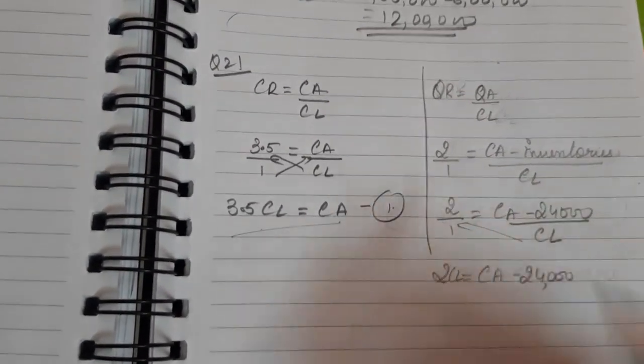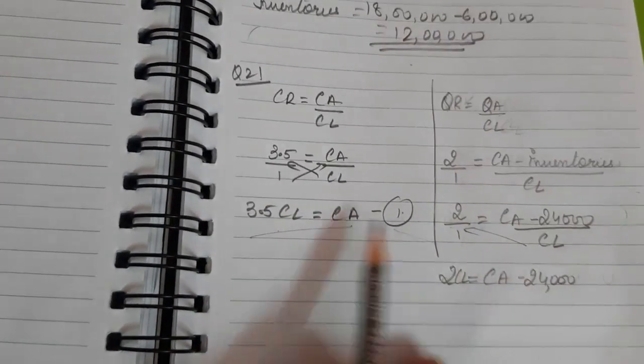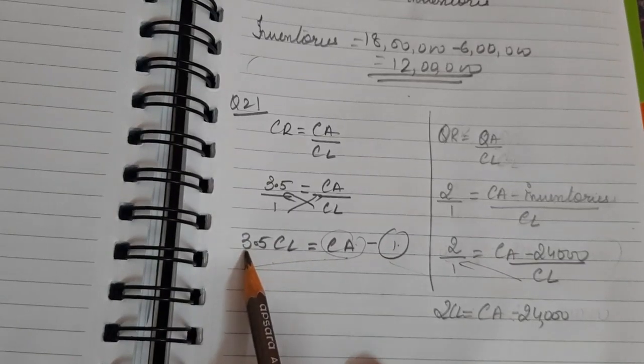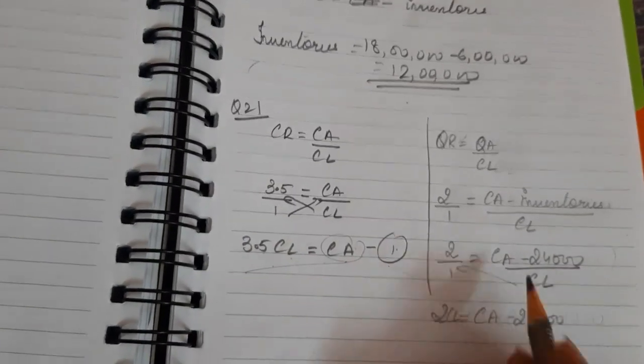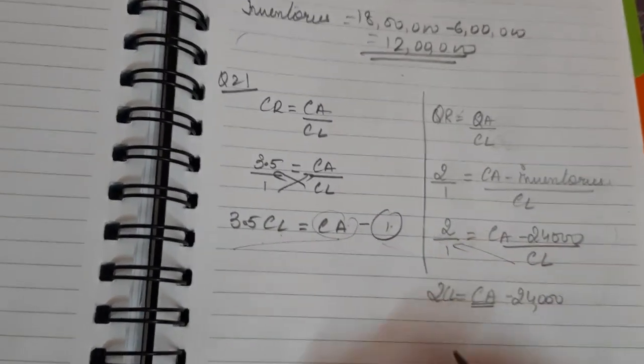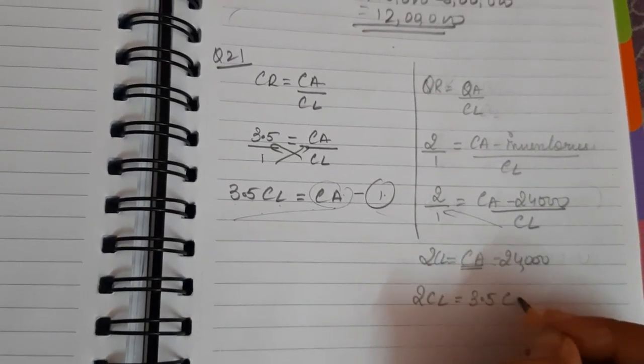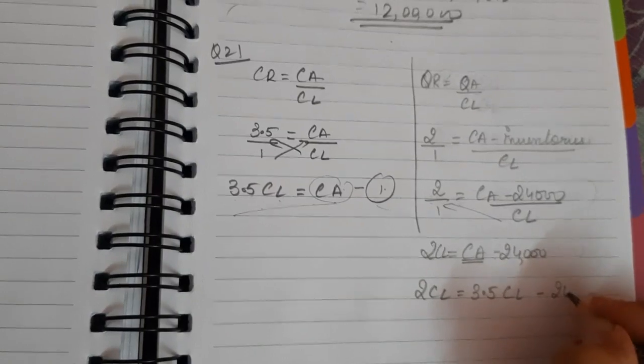Now what you can do is simply use this equation to solve. You have current assets is equal to 3.5 current liabilities. So here you can write that 2 current liabilities is equal to 3.5 into current liabilities minus 24,000.